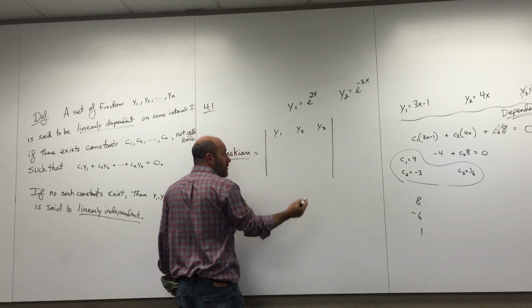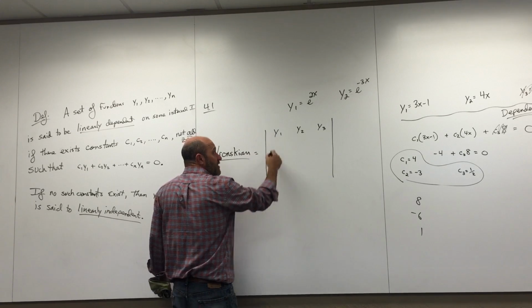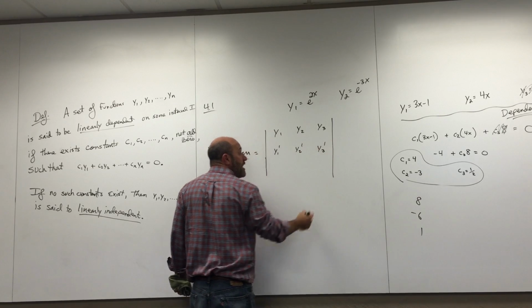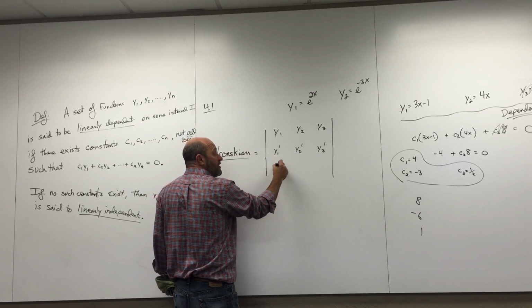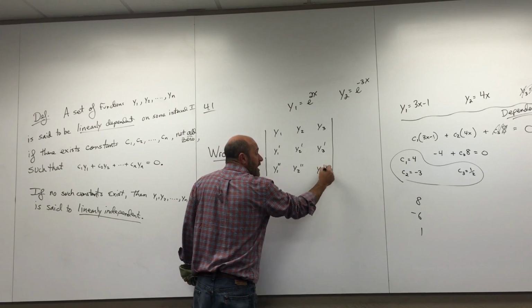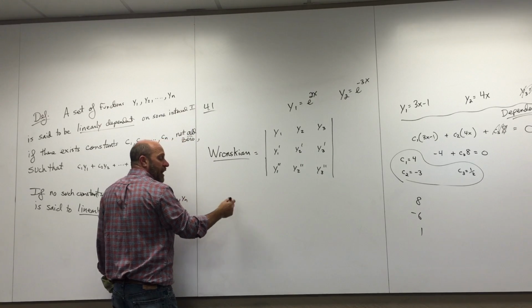Here's how you do it if you had three functions. You write your functions across the top row of the determinant. The next row is y1 prime, y2 prime, y3 prime. And then the third row is y1 double prime, y2 double prime, and y3 double prime. And when you finish doing this determinant, good luck.